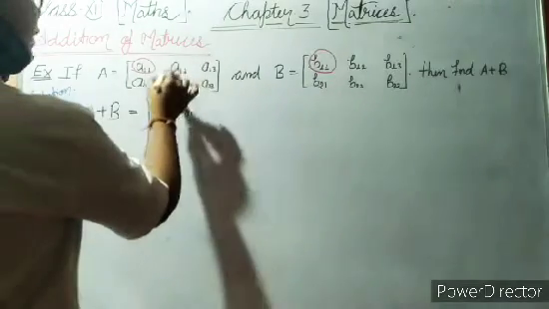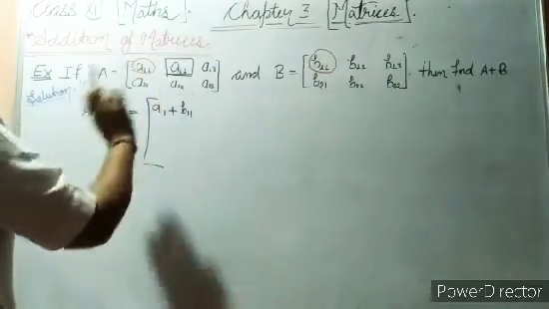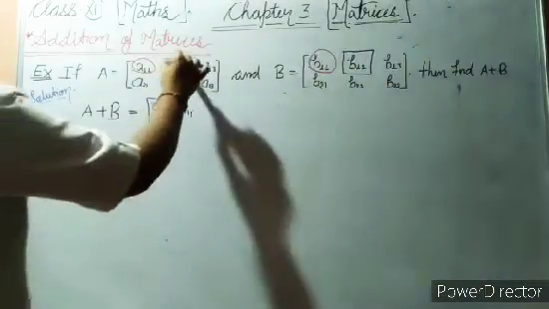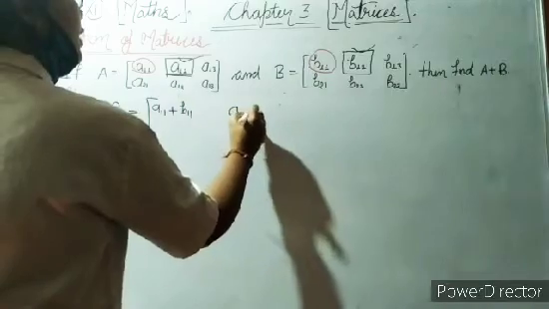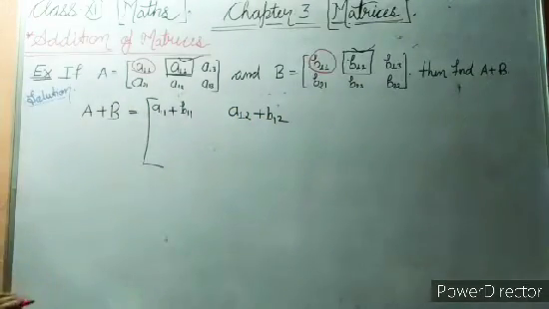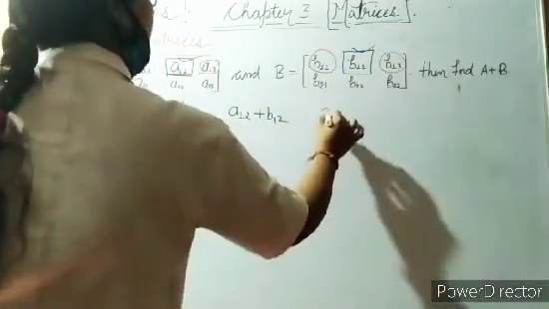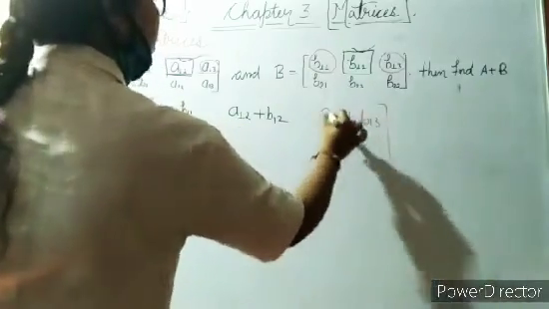Now we move to the second position, position 1, 2. It is first row, second column. So we add both numbers and we write A12 plus B12. Okay. Now we move to the third. So here we write A13 plus B13.